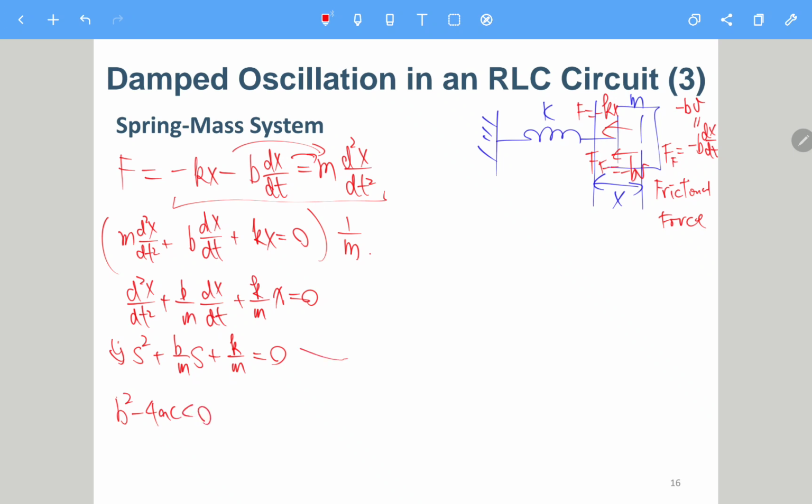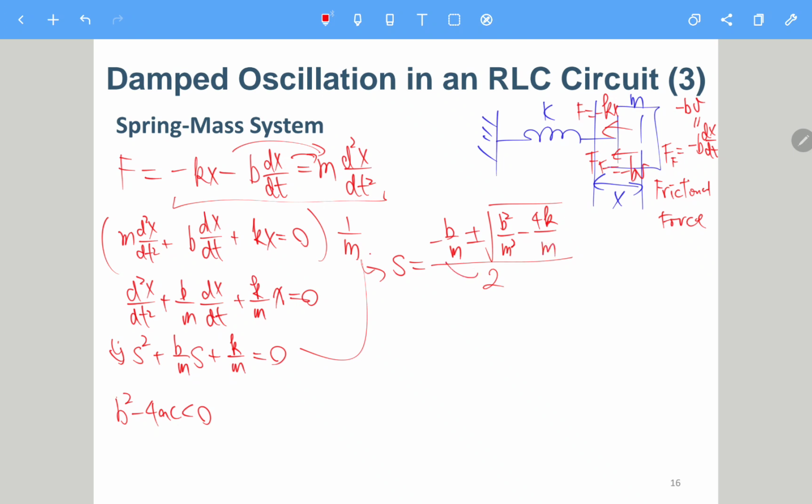This should have a solution like s equals 1/2 of negative b over m plus or minus the square root of b squared minus 4ac, where b squared is b squared over m squared, minus 4k over m.